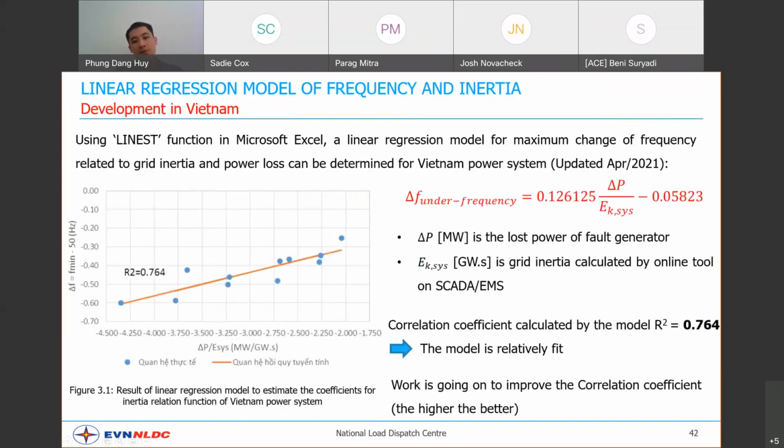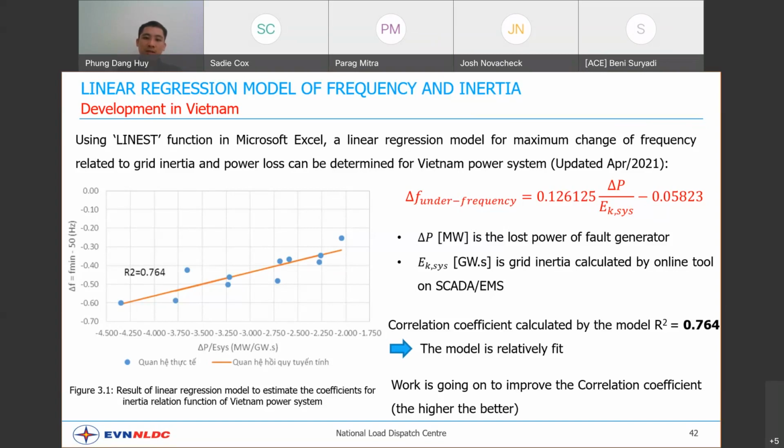So with our historical data, which is the dots in the picture, we use the linear regression model provided in Microsoft Excel, so that we can have a fit line of those data, and then from that line we can determine the function for our system, mentioned in the slide with the function in red color.